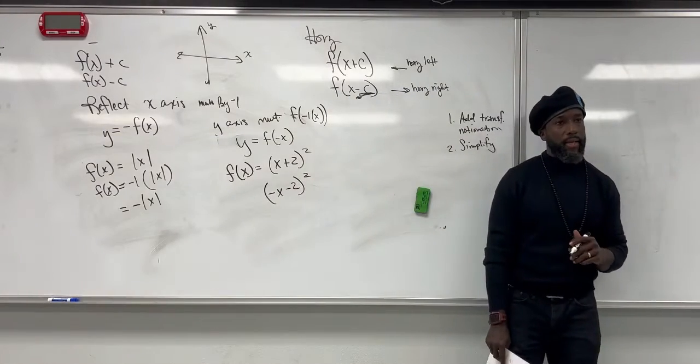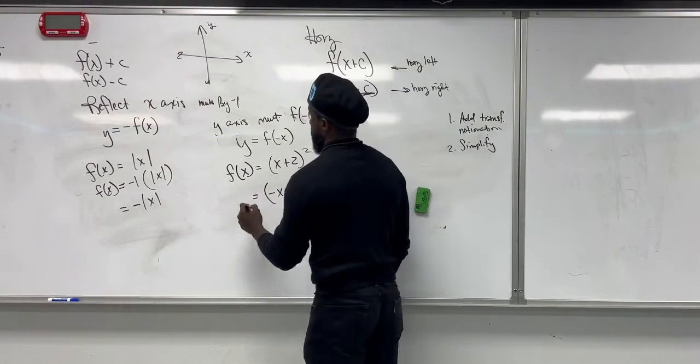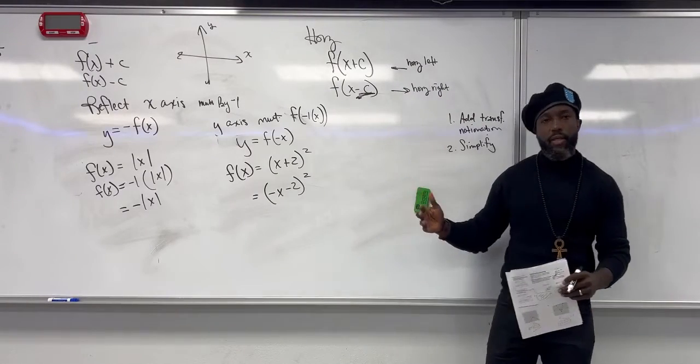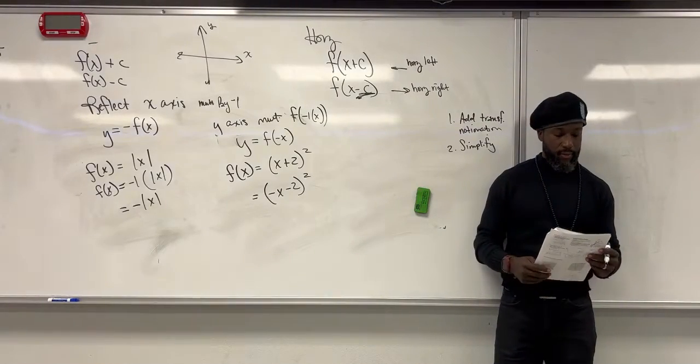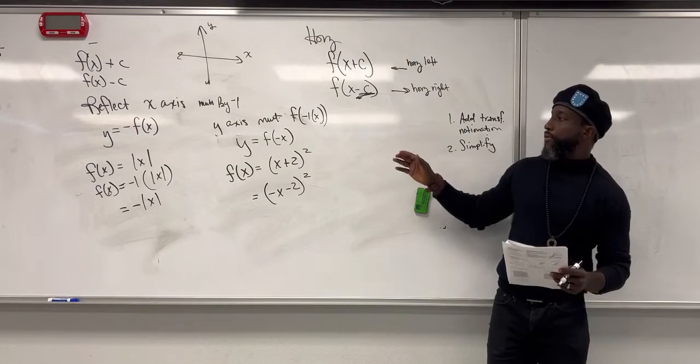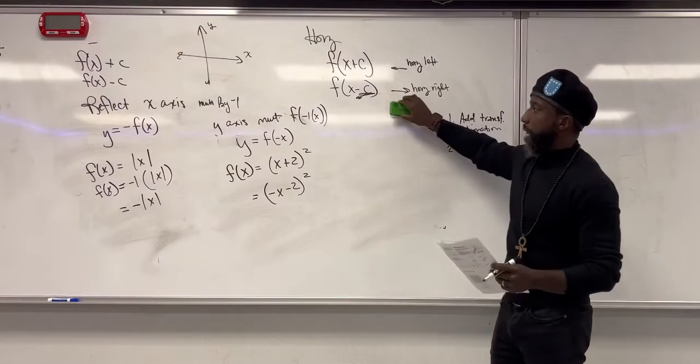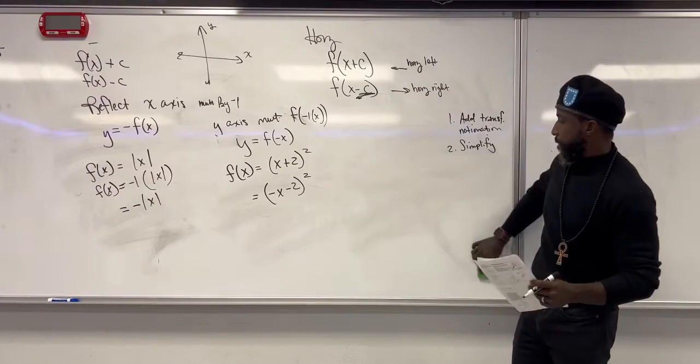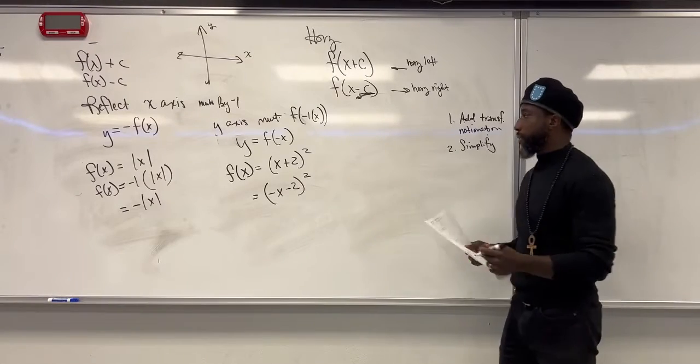So that's what it'll look like, right? And so we won't focus much on the y-axis, but we'll go deeper into the x-axis because that's what we're going to see the most of. Okay, so let's look at number 3.